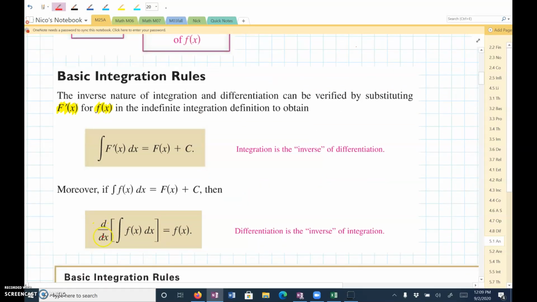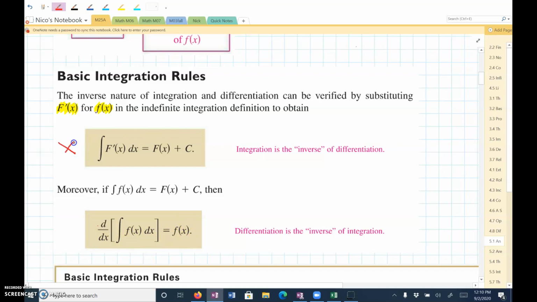Or another way to represent this would be the derivative of the integral of f of x dx with respect to x would be equal to f of x.